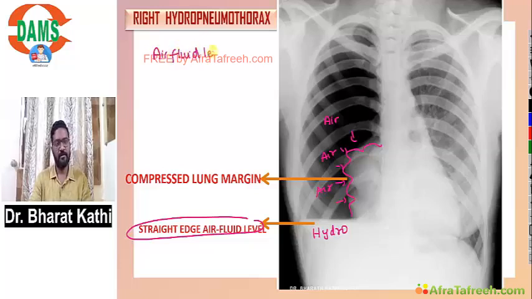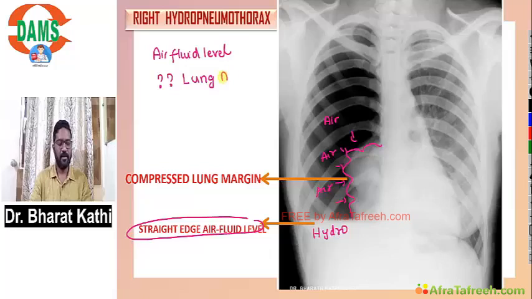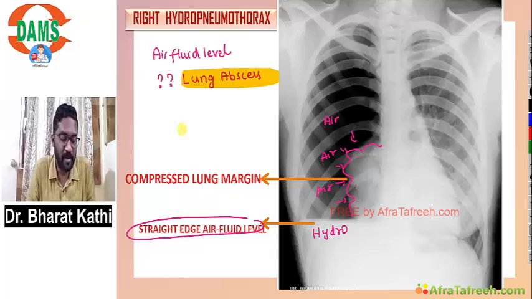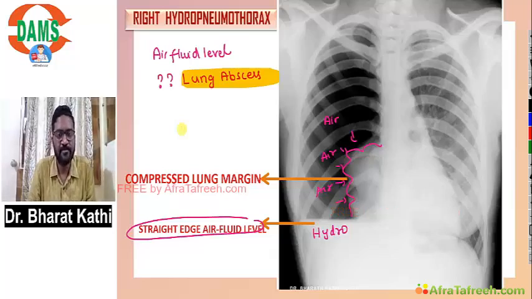You might get a doubt, sir, an air fluid level is seen, why can't it be a large lung abscess? Now somebody tell me why it is not a large lung abscess. This is what the examiner asks you. You will say this is hydropneumothorax. Why is it not a large lung abscess? Very simple. Lung abscess generally happens within the parenchyma of the lung.